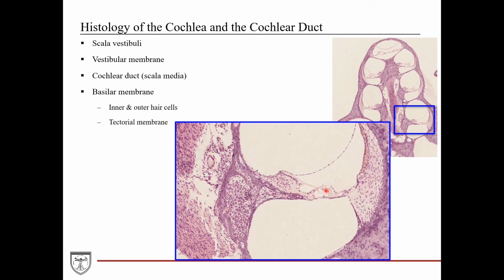When the hair bends against the tectorial membrane, that's when the action potential is generated, which is then conducted through these neuronal fibers. The neuron cell bodies are all collected over here as a spiral ganglion, and their distal fibers or axons all emerge, conducting that action potential to the brain. The space below the basilar membrane is the scala tympani.